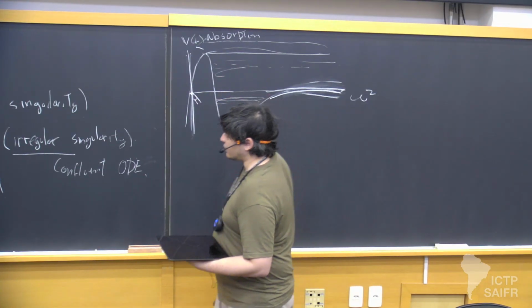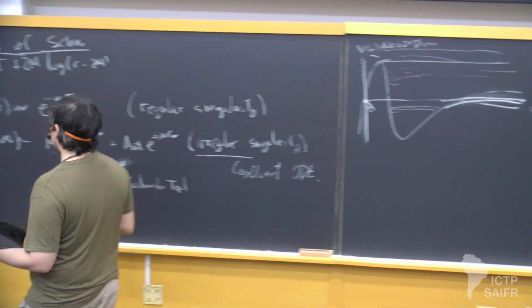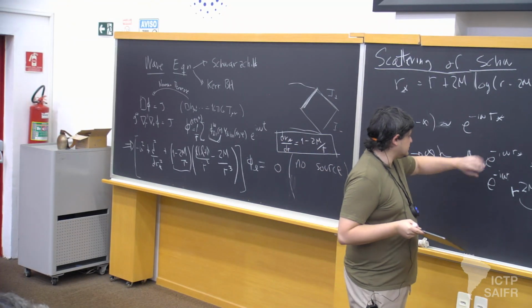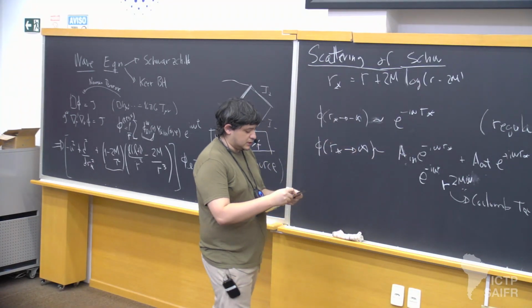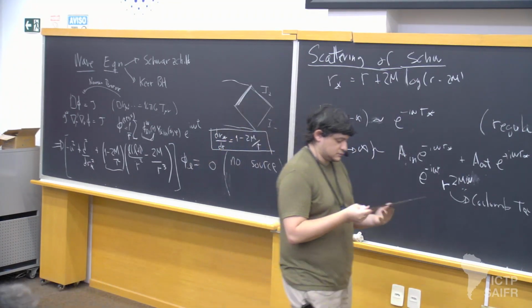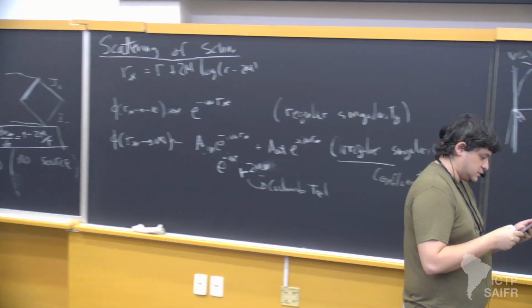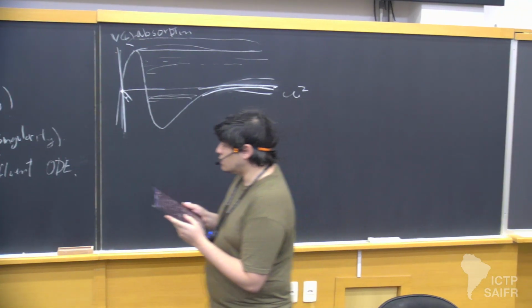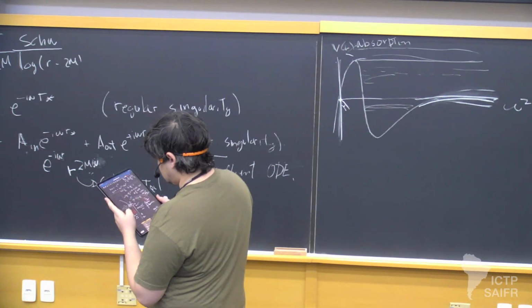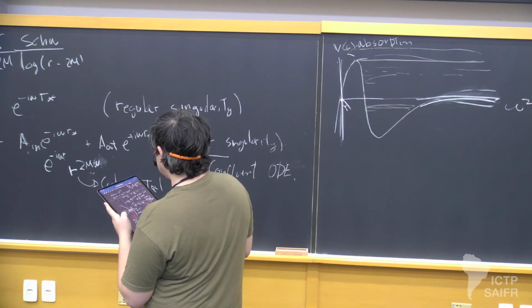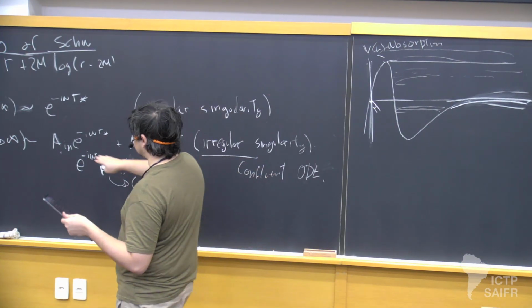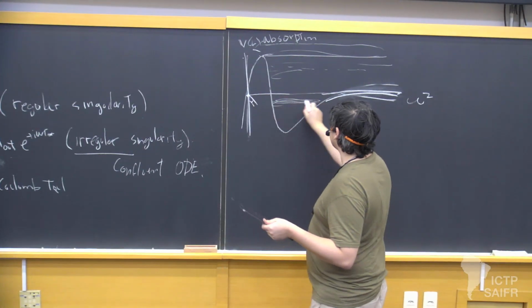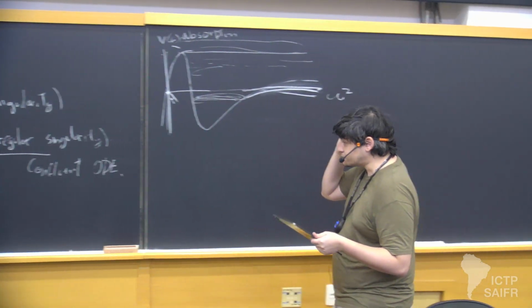But there are these trajectories which are kind of stuck. We call them resonances. In this setup, there will be nothing incoming.